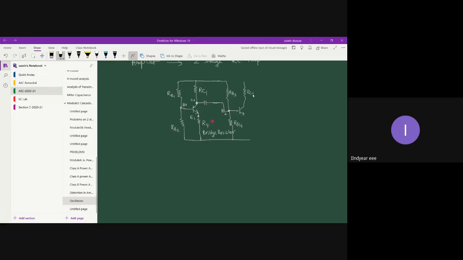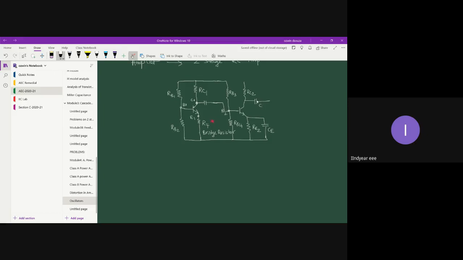Your RC2 and RE2. This is a bypass capacitor. In the first stage there is no bypass capacitor. Can you see? There is no bypass capacitor across R4. I'll tell you the reason also a little later.